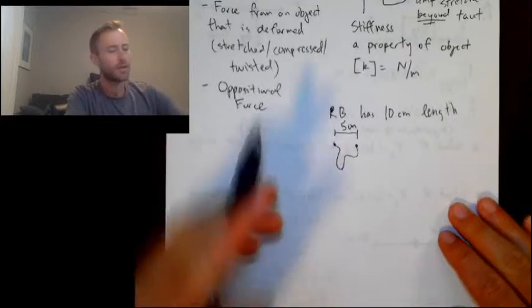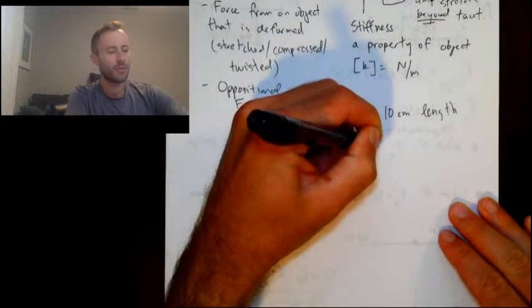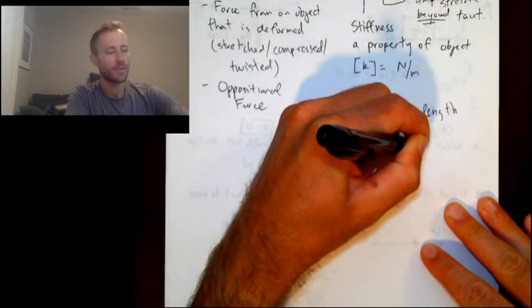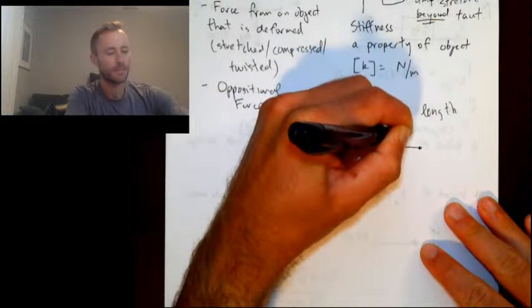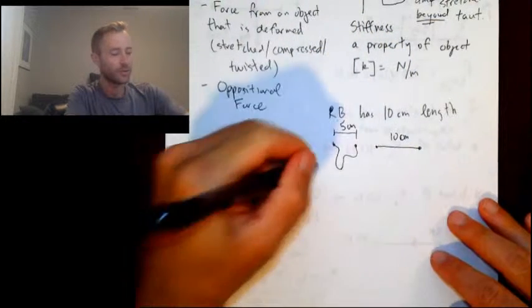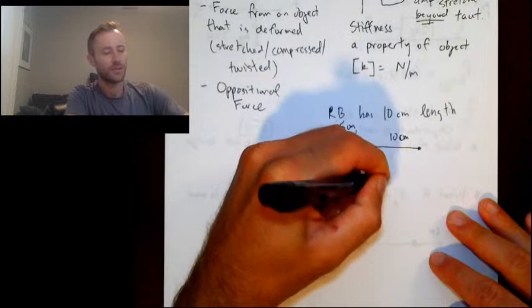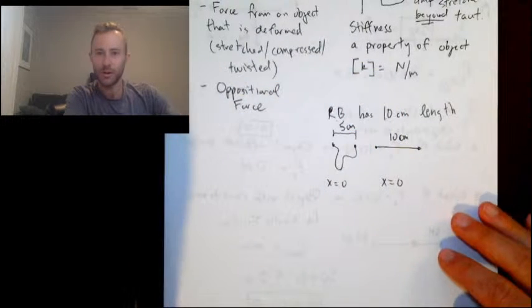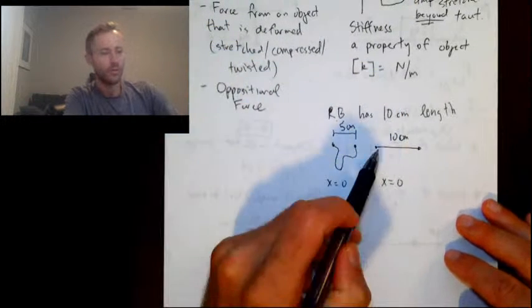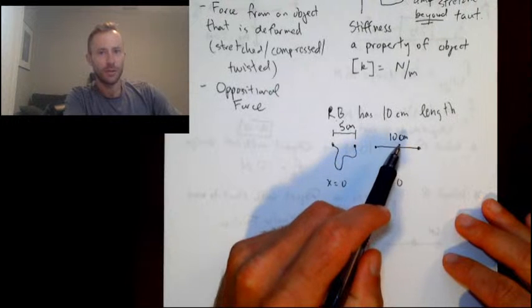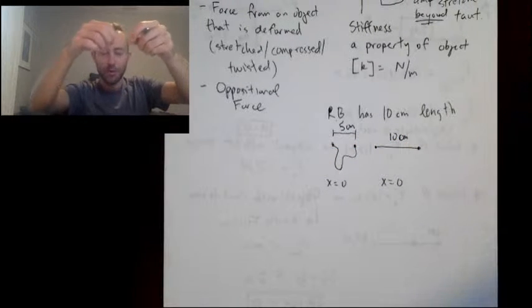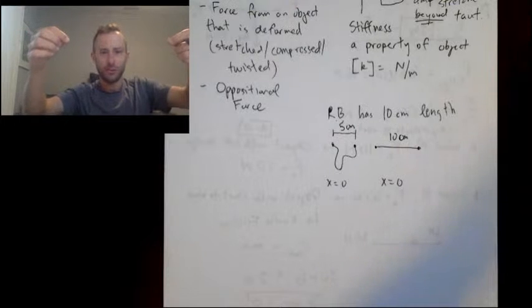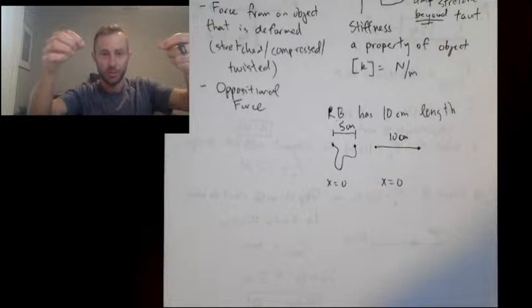What if I take the two ends of the rubber band and I now make them 10 centimeters apart? This is x equals 0 as well, because basically we've moved the ends of the rubber band as far apart as we can without stretching the rubber band.